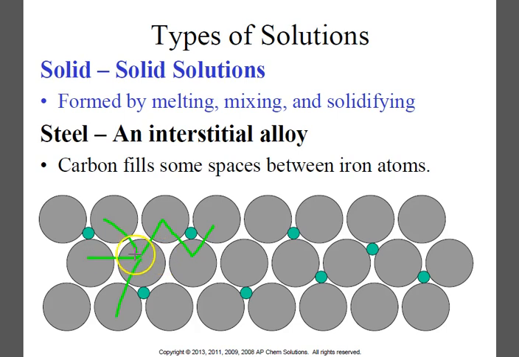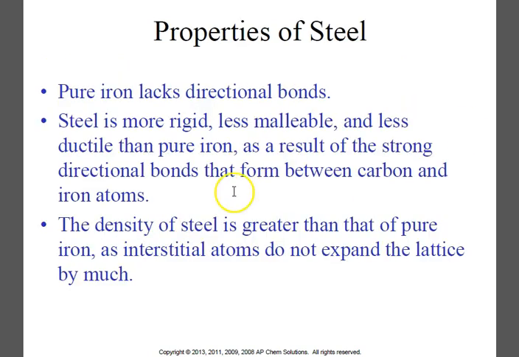You just have the sea of electrons, and all these nuclei are kind of floating in that sea of electrons. So there are no directional bonds. Therefore, iron is not very rigid. No metal on its own is very rigid.